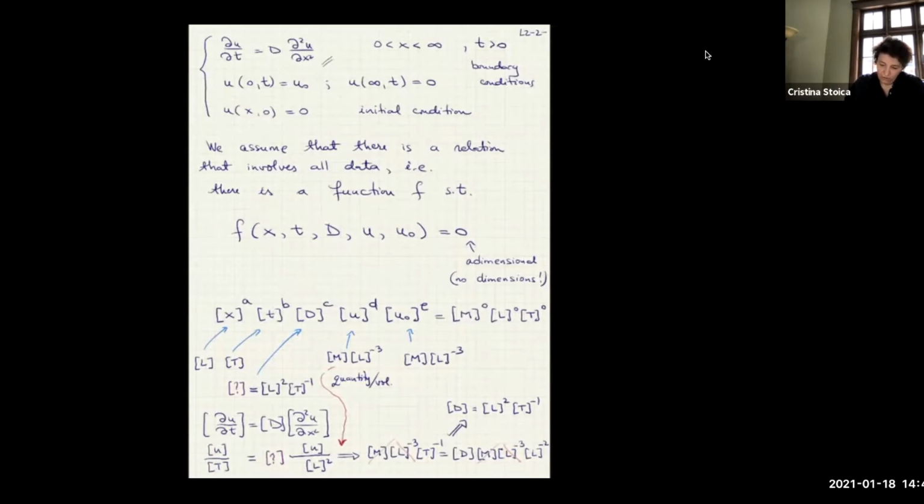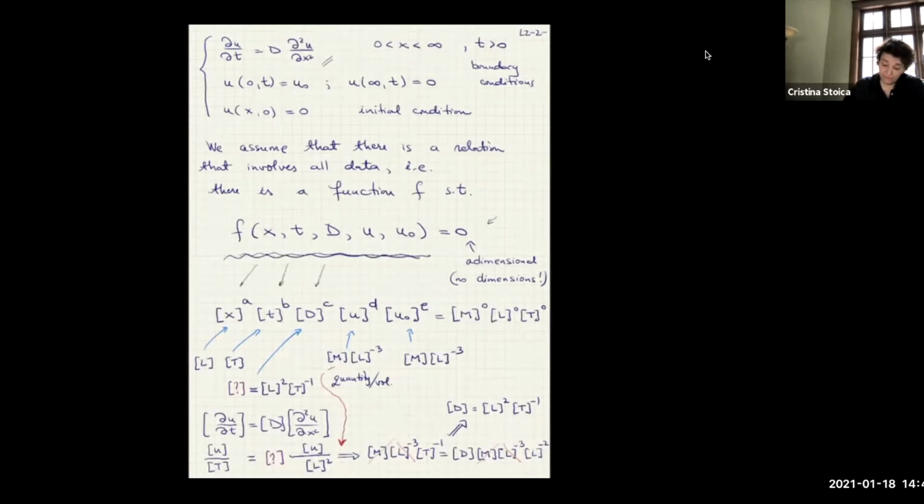I don't want to go over everything in detail. The point is that there is a relationship between all these quantities that has to amount to a non-dimensional quantity on the right-hand side.